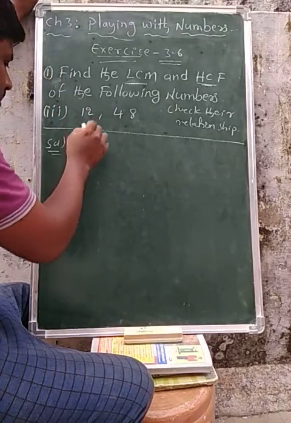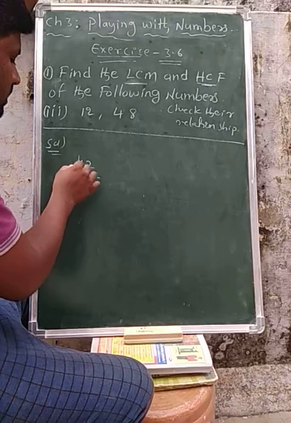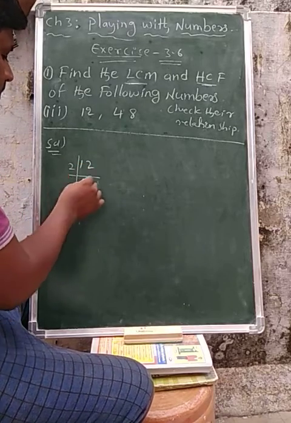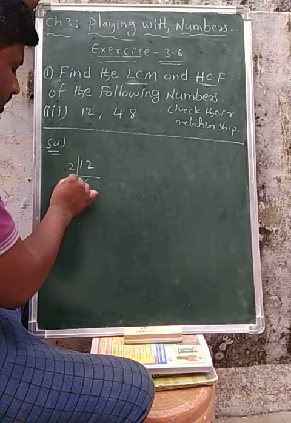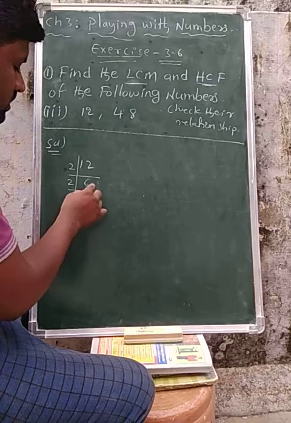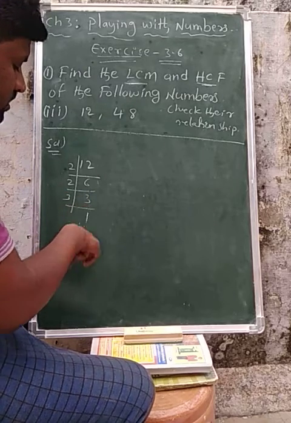I am finding the numbers. The numbers are 12. The prime factors of 12 are: 2 6s are 12, and again 2, 2 3s are 6, and again I am taking 3, 3 1s are 3.